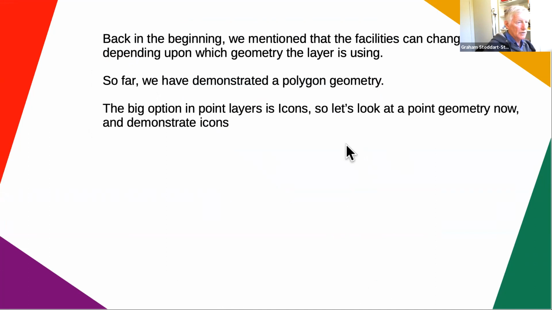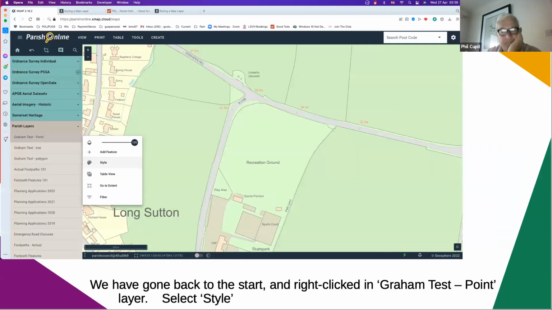That was polygon geometry. What we're going to do now is look at point layers, just so you get a chance of recognizing icons and how we use icons. So I've switched here from my polygon layer to my point layer, and now I'm switching into style in the point layer.